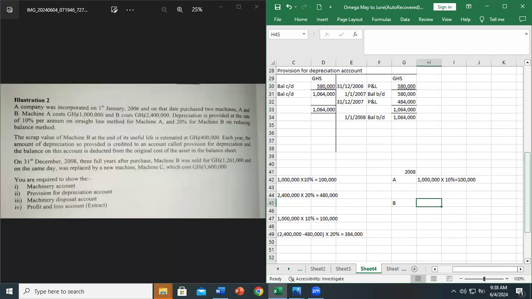So we are going to pick the cost, 2,400,000, and we are going to less all the depreciations we have calculated so far from it. The depreciation we've calculated so far on this asset is the 480,000 as well as the 384,000. So you have to less all of them from it before you apply the rate of 20%. That is the reducing balance method.